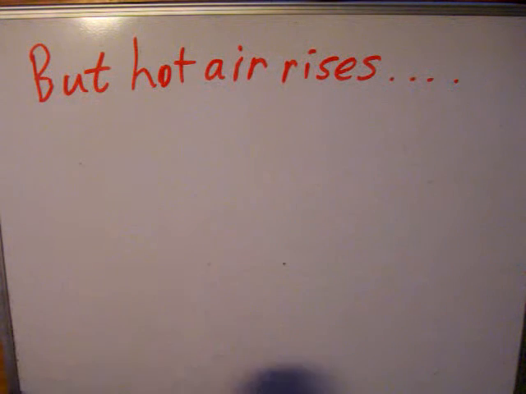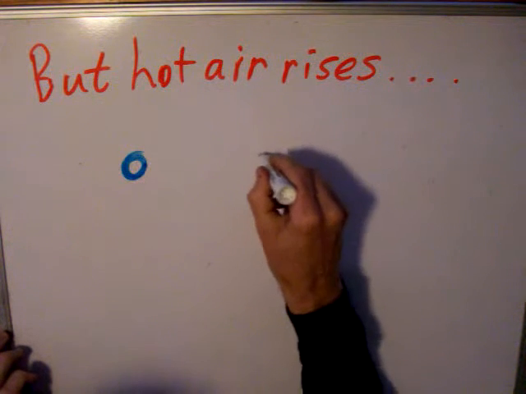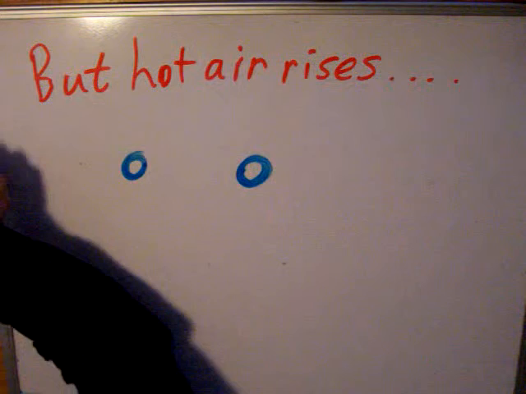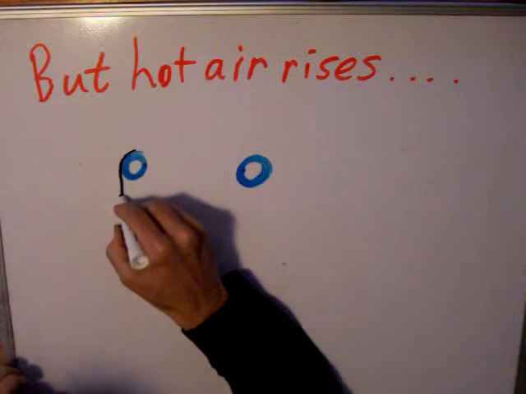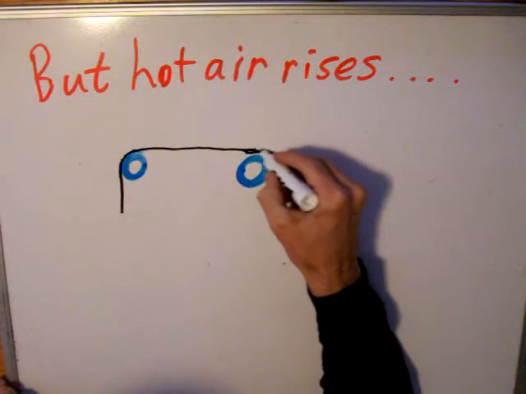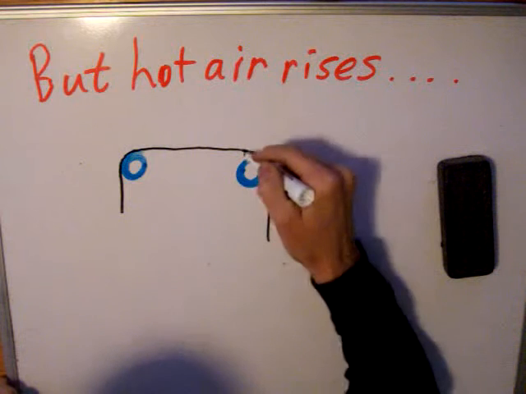Well, in order to understand that, let's first make a real simple contraption. Let's make a little contraption with two pulleys. These are two wheels that can turn around, and I'm going to imagine hanging two objects from it. This is a string which is going around the pulleys.